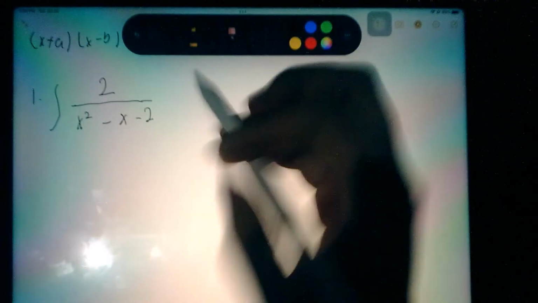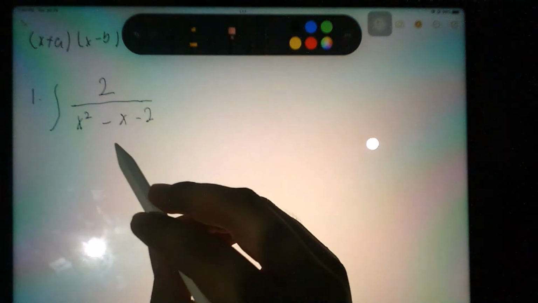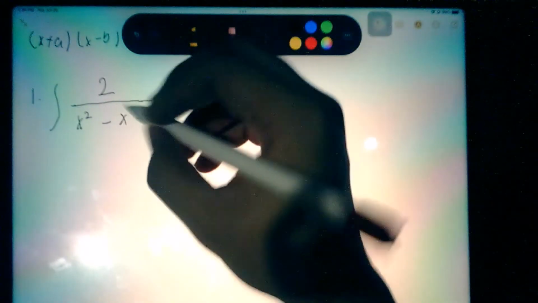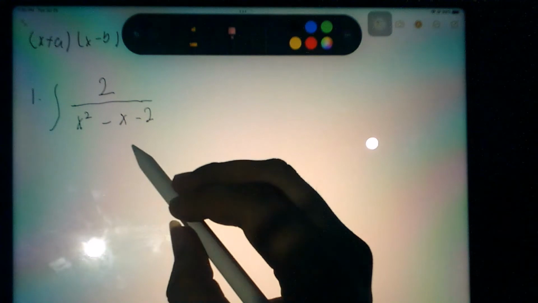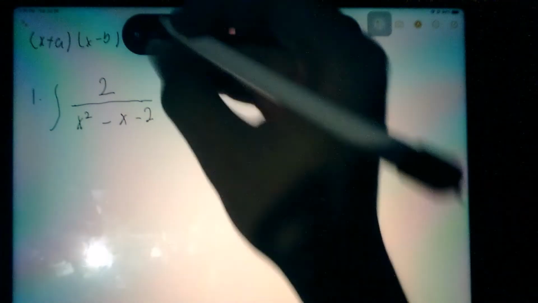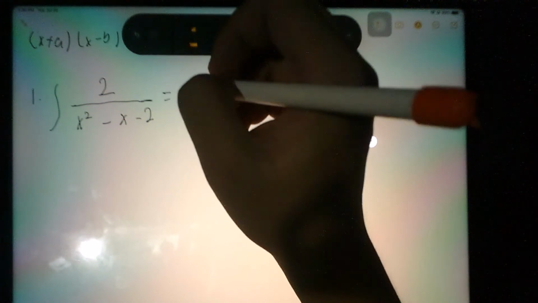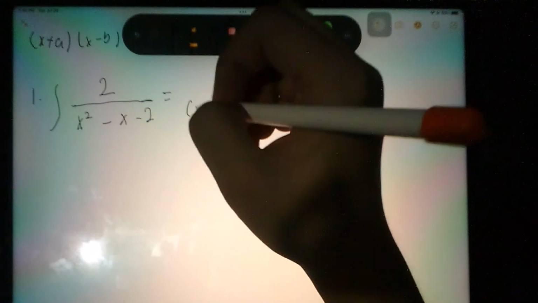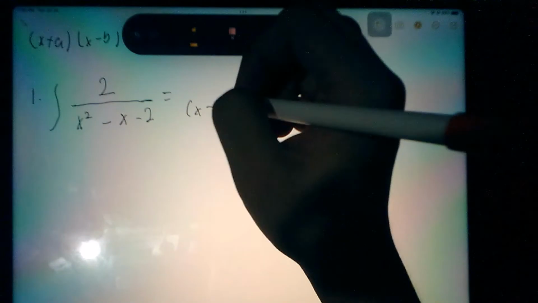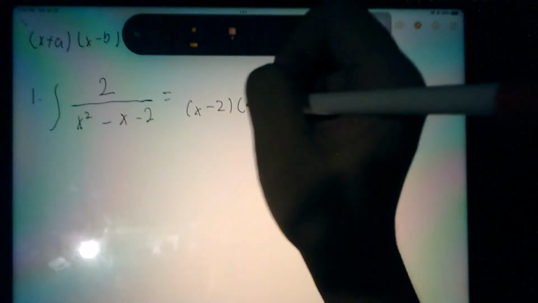So first we are going to factor this out. This is a quadratic equation. So let me factor that out. This will become x minus 2 and x plus 1.